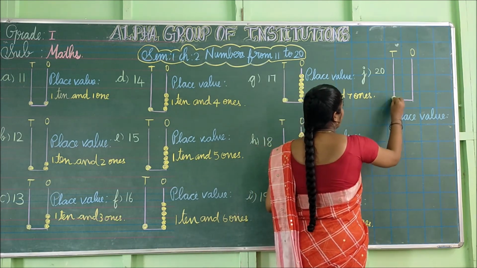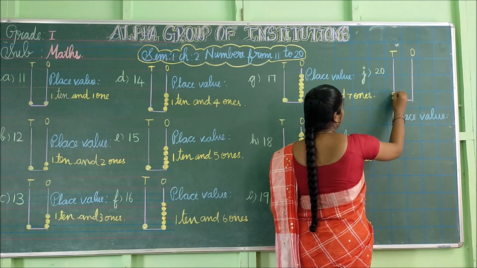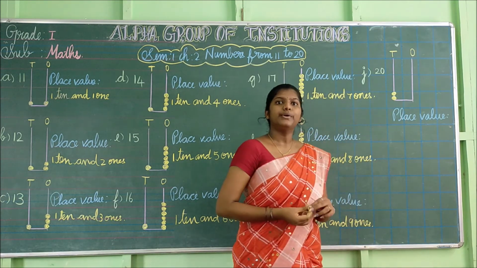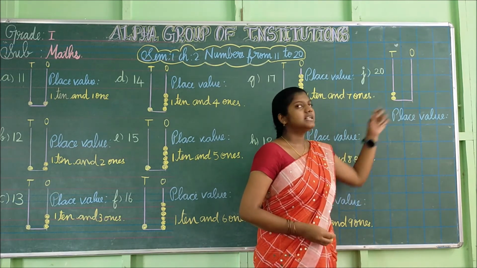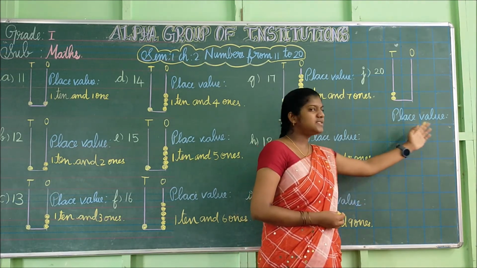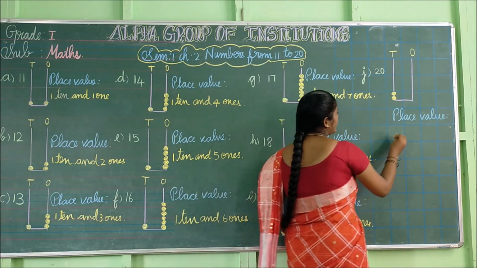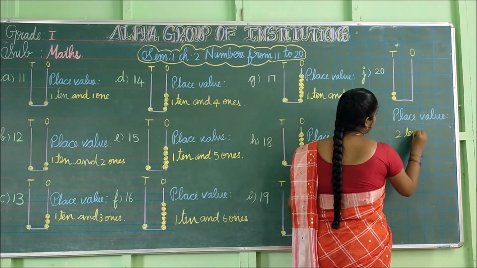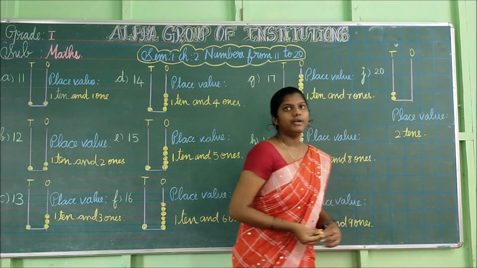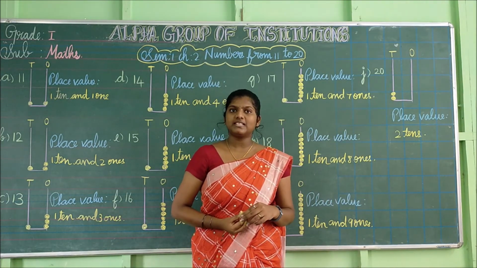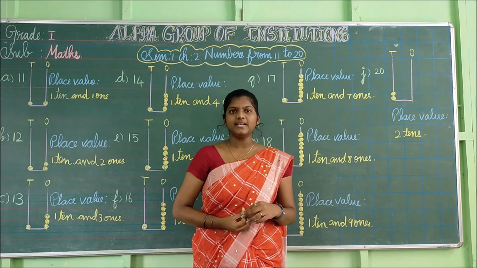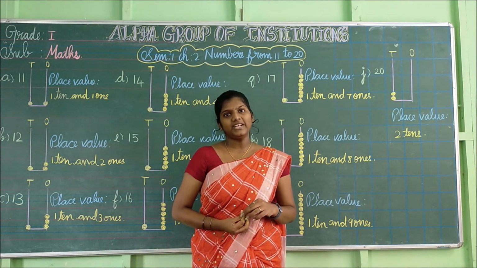See here, 1, 2. So I have drawn 2 beads. So here we have 2 tens and 0 ones. So the place value of the number is 2 tens. Okay children, do you all understand? I hope you all understand the place value of numbers from 11 to 20.